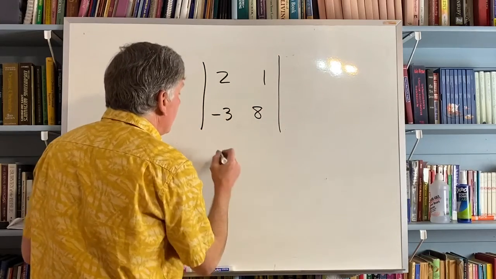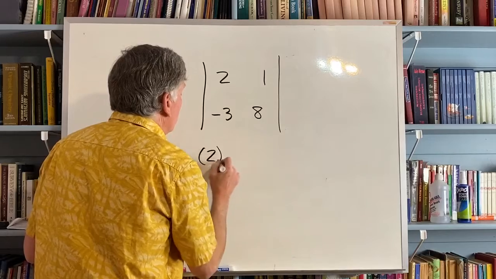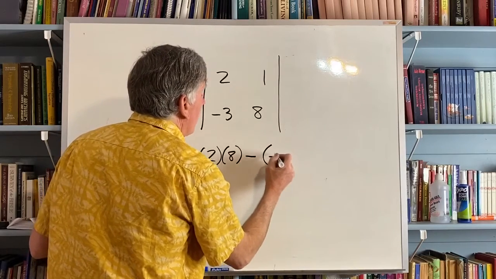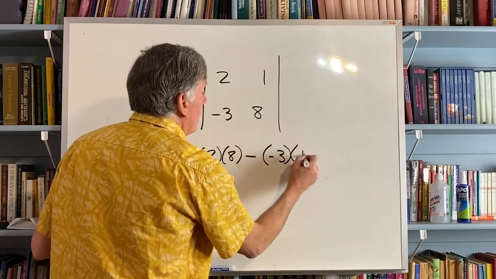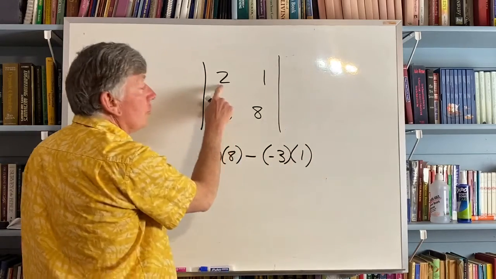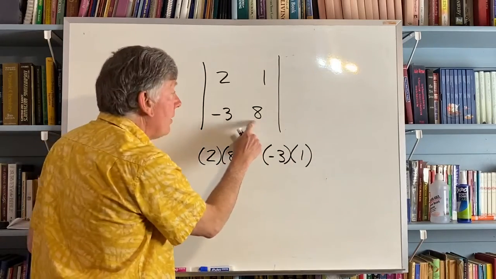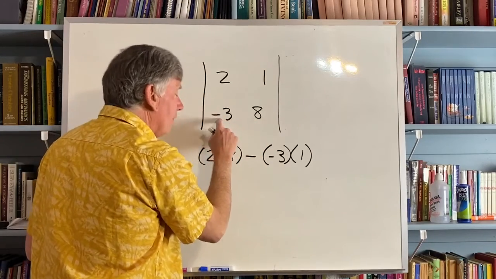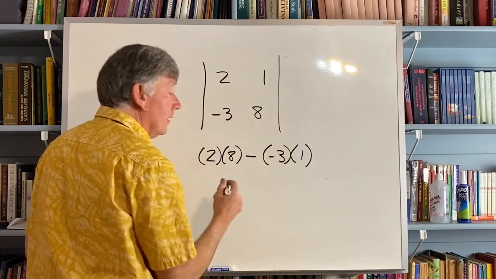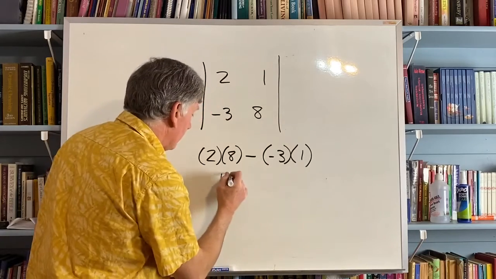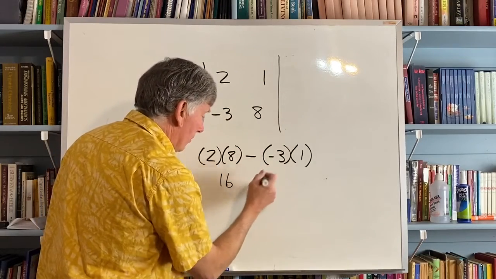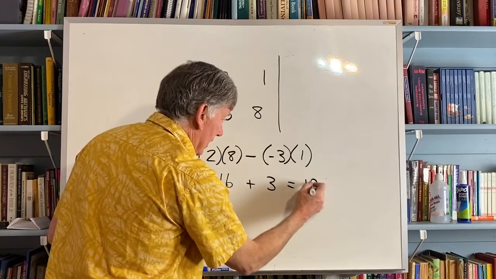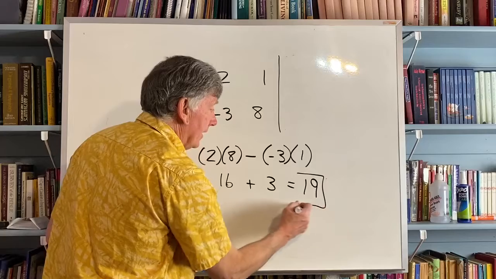That is going to equal 2 times 8 minus negative 3 times 1. So that would be 16 minus a minus, which is going to be a plus 3. It's going to equal 19.